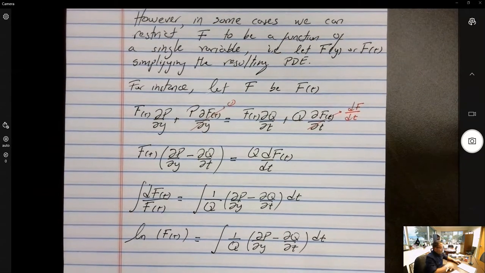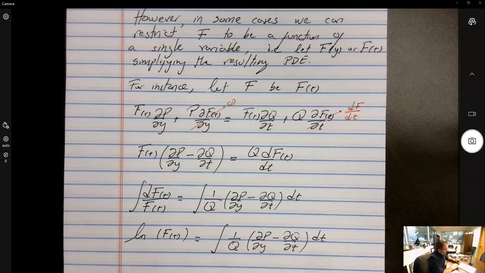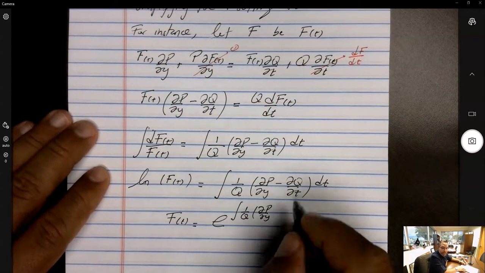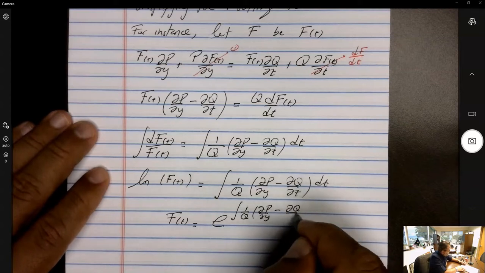All right. So I found f of t is equal to e to the power of the integral of 1 over q, dp dy minus dq dt.